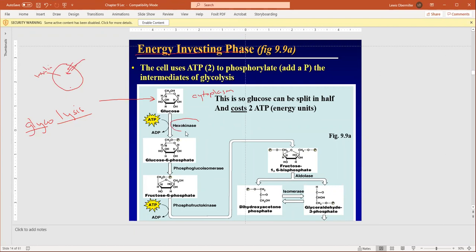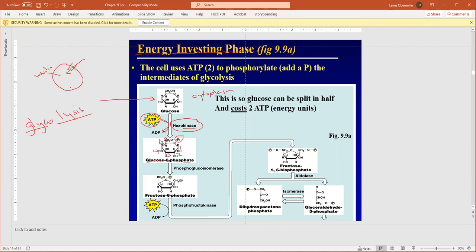So this is that hexokinase that I was just showing you. And its job, like all kinases, is to add a phosphate. That phosphate comes from ATP, so we make ADP. And then you can see that there's a phosphate that's been added to this glucose. So it becomes glucose 6-phosphate, because if we numbered this from the oxygen, this would be 1, 2, 3, 4, 5 right here.